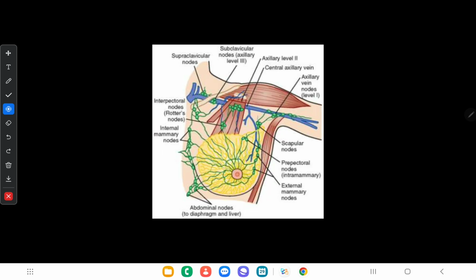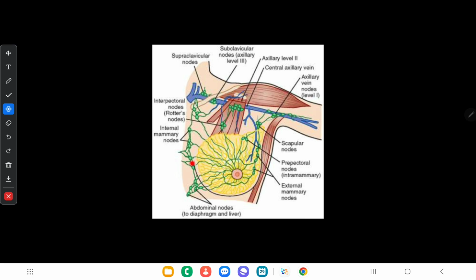When we talk about the lymphatic drainage of the breast, it is the most important part, because when there are tumors, or when there is a breast carcinoma, it spreads mostly via this lymphatic drainage. Approximately 75% of the total lymphatic drainage of the breast drains via the tributaries of the axillary vessels to the axillary lymph nodes.